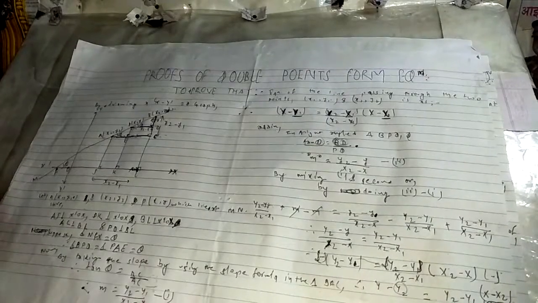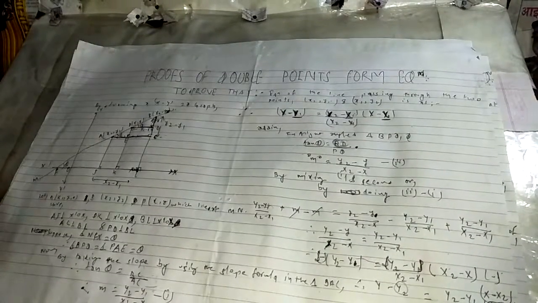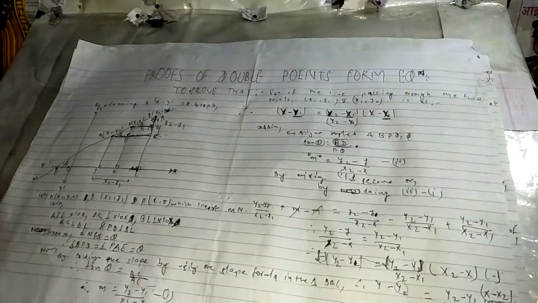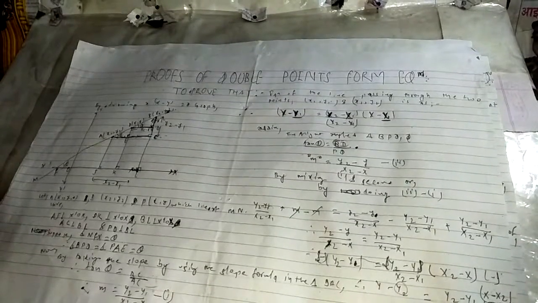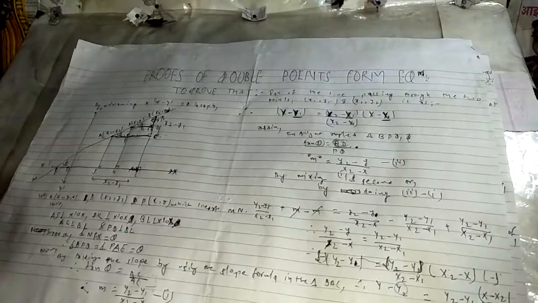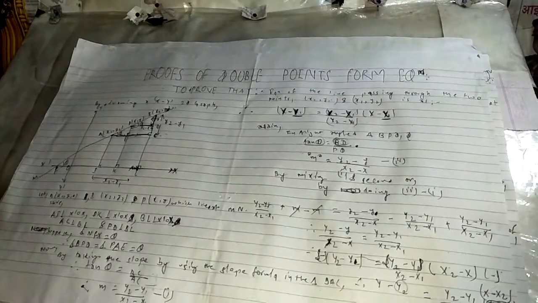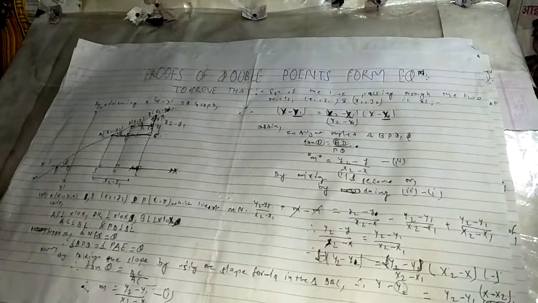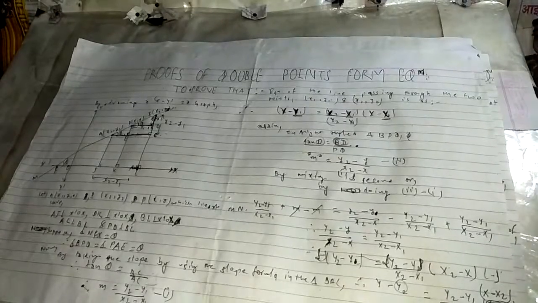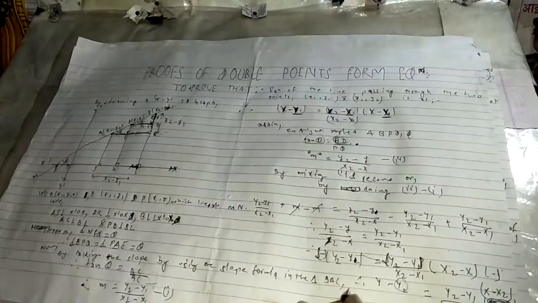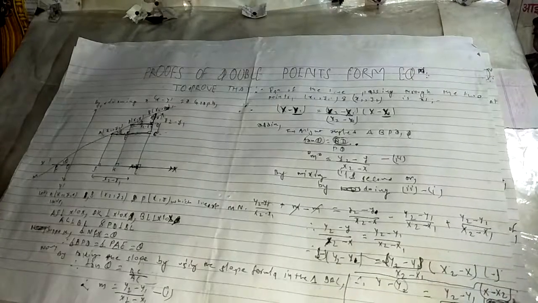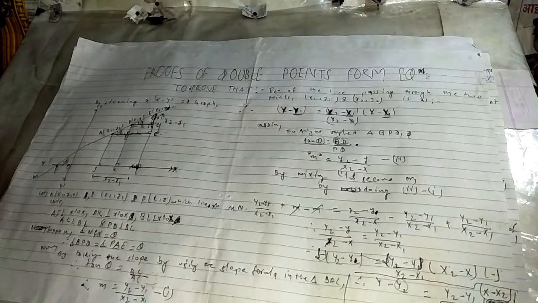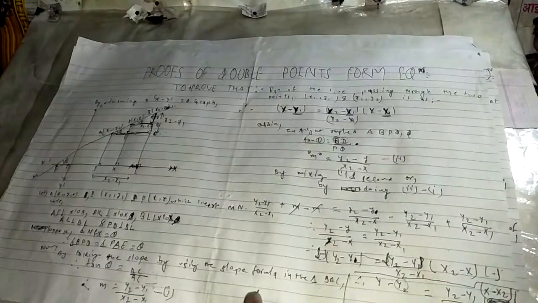So y minus y1 equals y2 minus y1 by x2 minus x1 into x minus x1 is the required equation. We can use both formulas to find the equation.